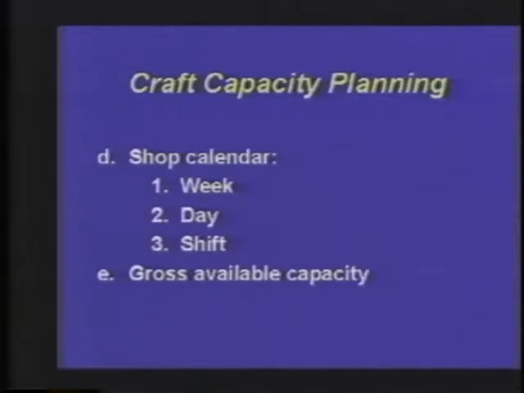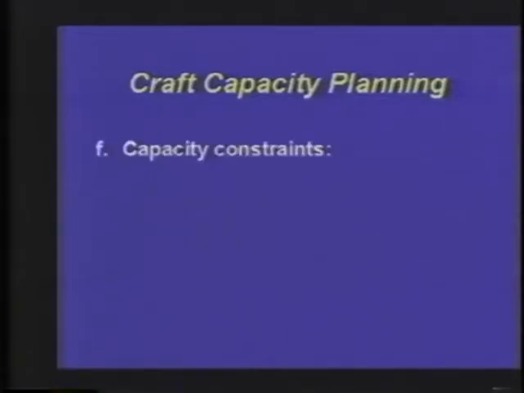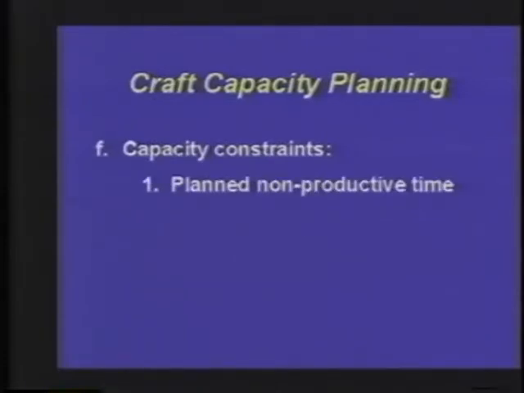Item F, the capacity constraints, consists of two data elements. First of all, we have what we call planned non-productive times. And we have an exhibit that addresses these, but I want to address those now. Startup time, rest periods, and cleanup time. And when you get into, let's say, a 3-shift operation, there may be a paid lunch period time.